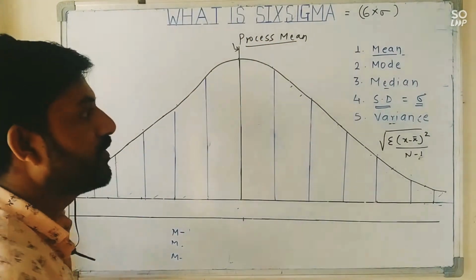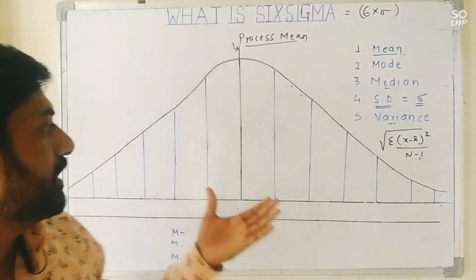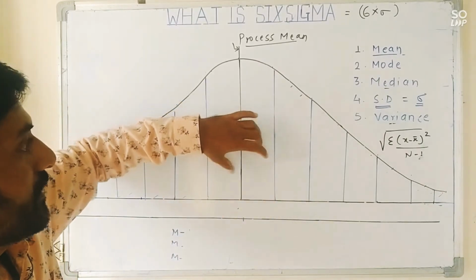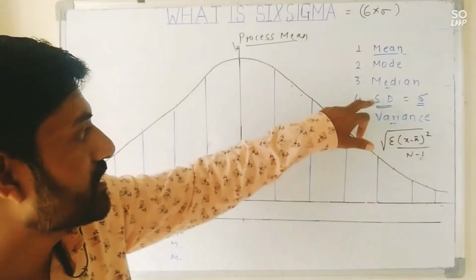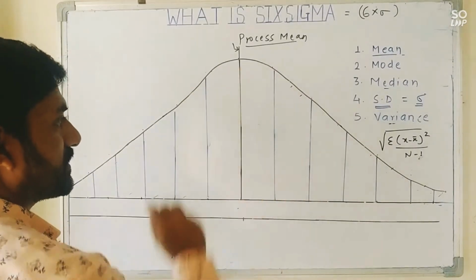If the value of standard deviation is higher, that means what? Most of the values are not concentrated towards the mean, and if the value of standard deviation is small or less, that means most of the values are concentrated towards the mean.